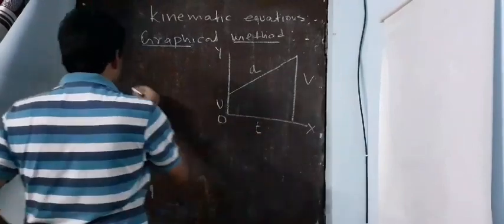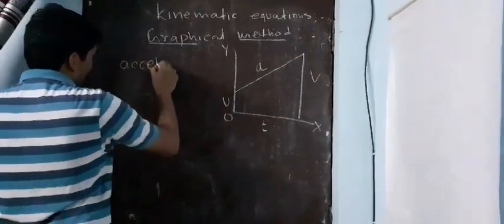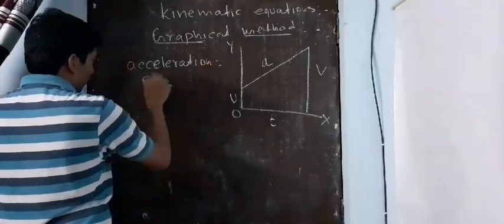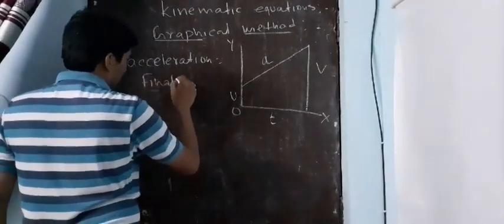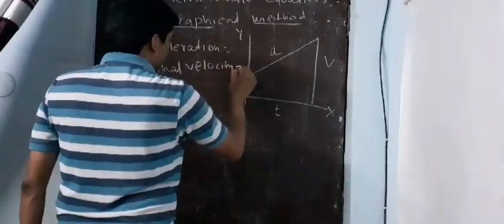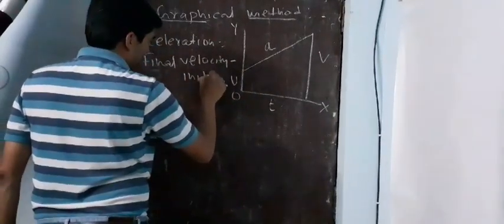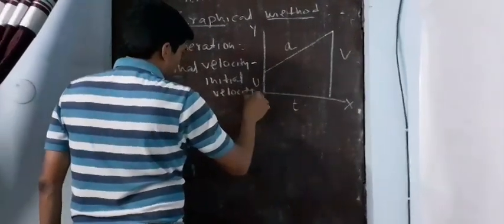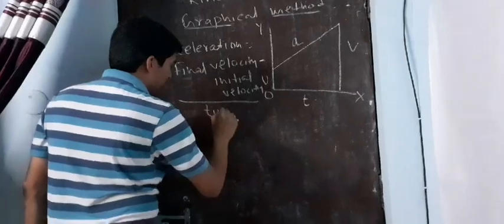So the acceleration of the body is equal to the final velocity minus the initial velocity, divided by the time interval.